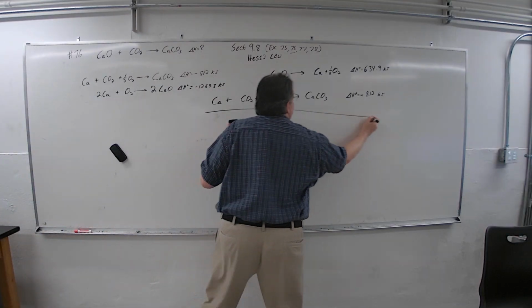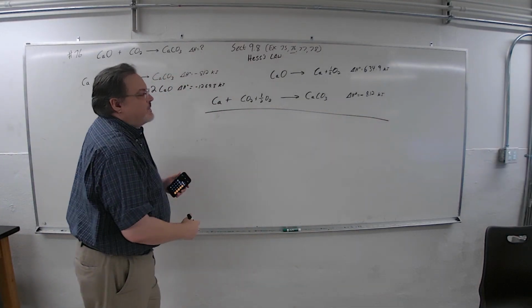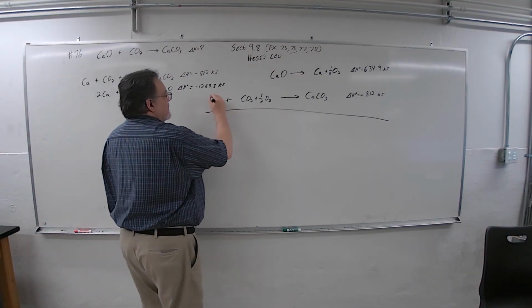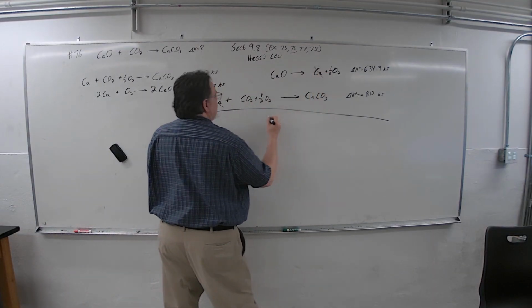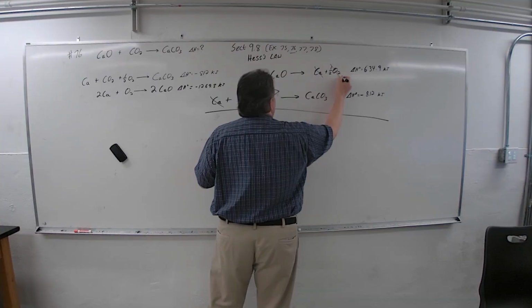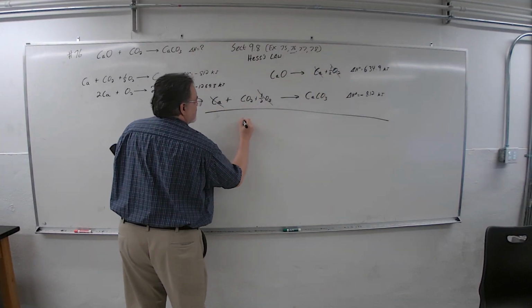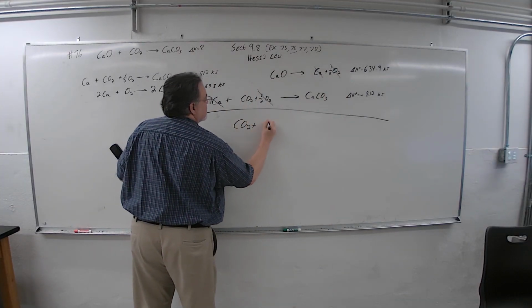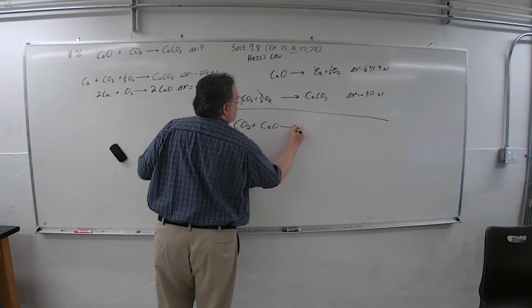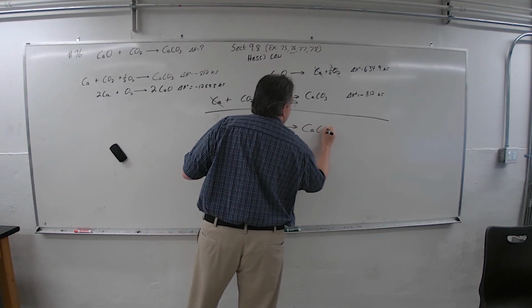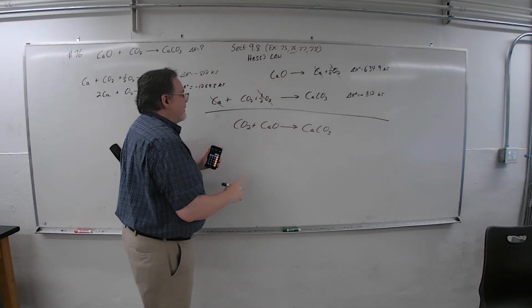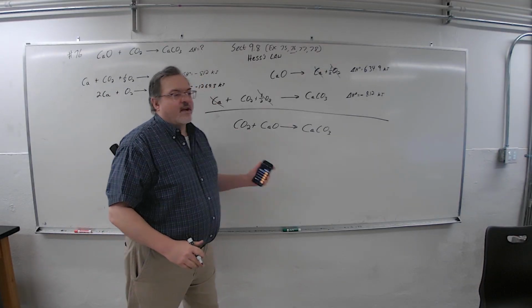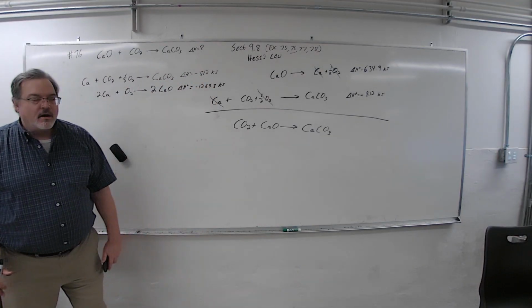If I bring things down now and eliminate, I can eliminate what's on both sides. I can eliminate that and that. I can eliminate that and that. And now what I bring down is CO2 plus CaO. The way I did it before, I had a 2, 2, and 2, and I could have just multiplied by 1/2 from there.